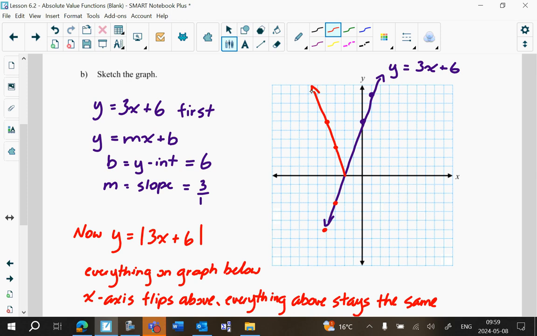But I'm not done. Students will often make this mistake. They'll forget to include this as part of the absolute value. So not only do you have to flip everything below to get part of the absolute value, you also have to take everything that's already above as part of the absolute value.